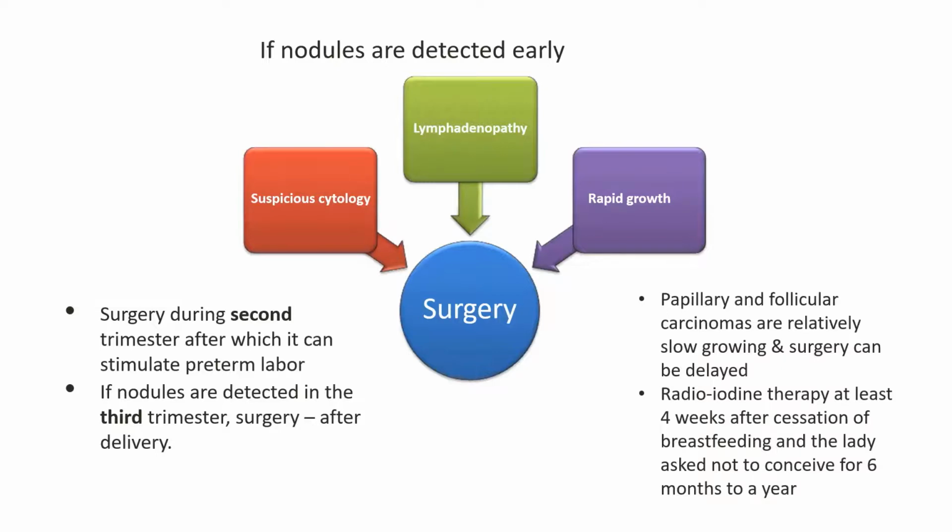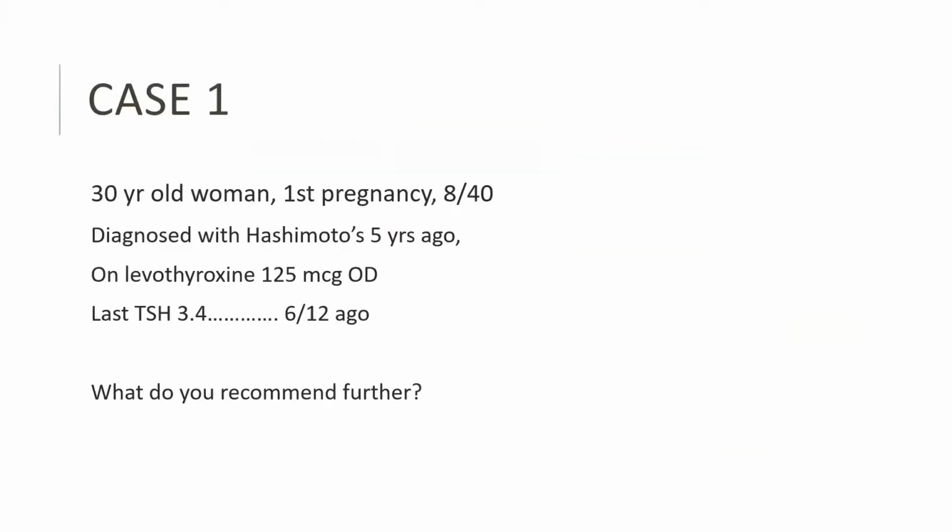So it is important that breastfeeding stops and 1 month elapses for the breast to go back to normal structure, so that the radioiodine given for treatment goes to the cancerous thyroid cells rather than the normal breast tissue.